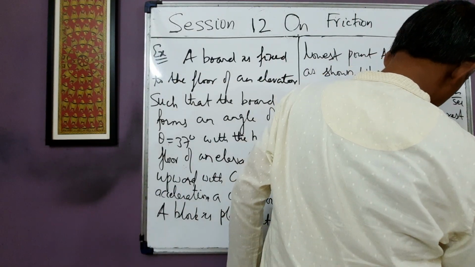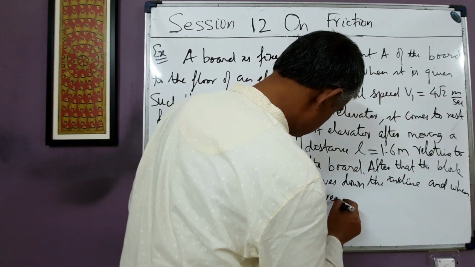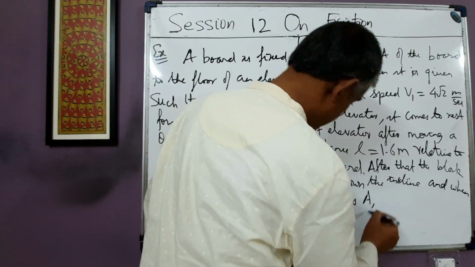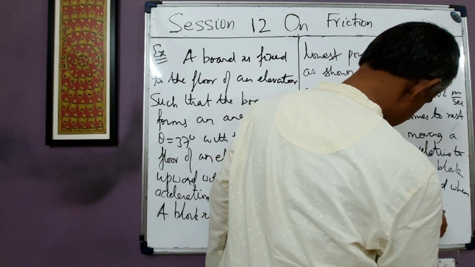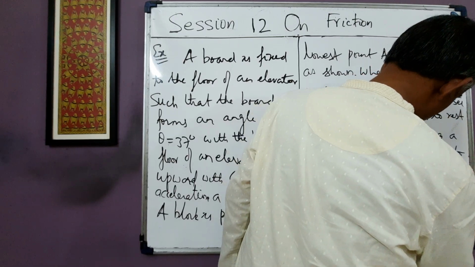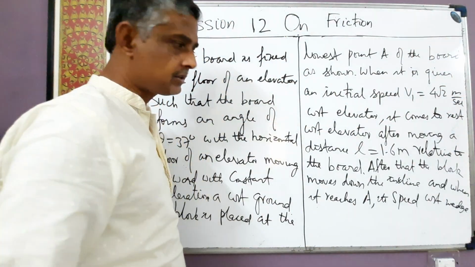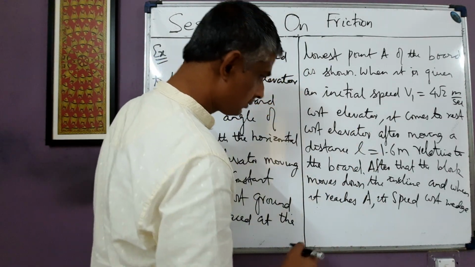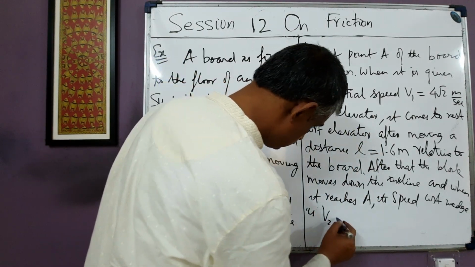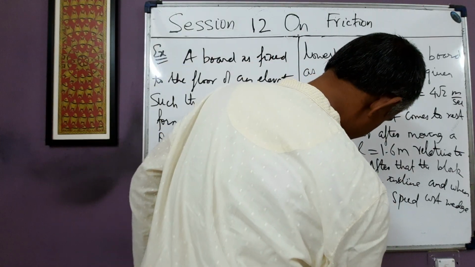And when it reaches A, its speed with respect to the wedge or elevator, they are fixed with respect to each other, is v2 equal to 4 meters per second.